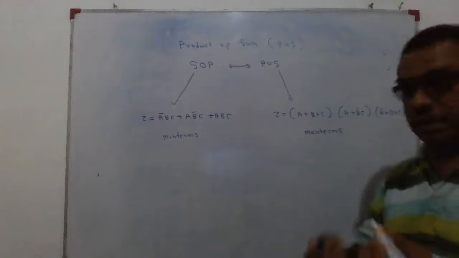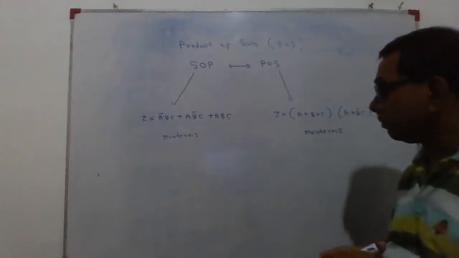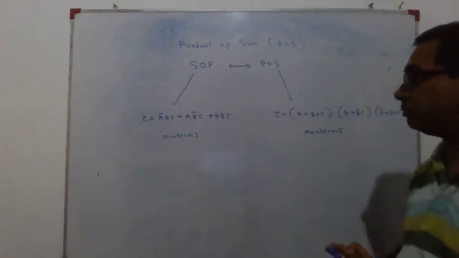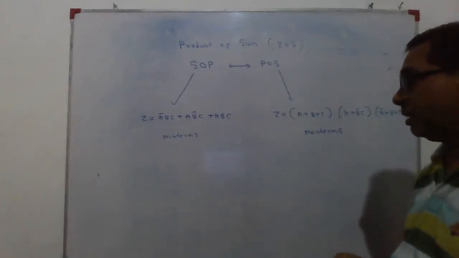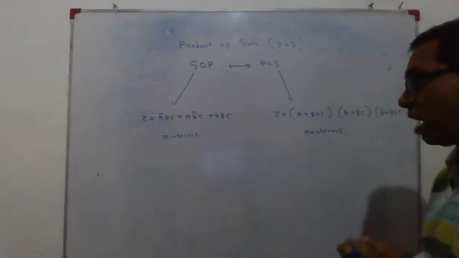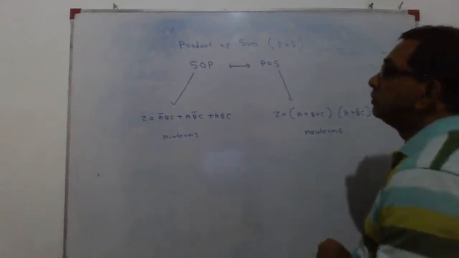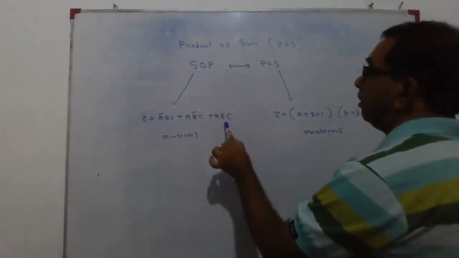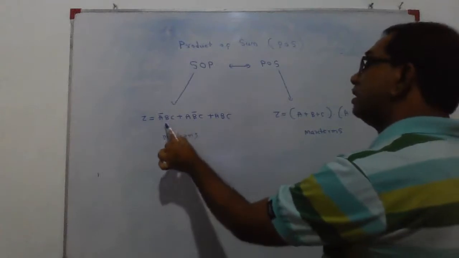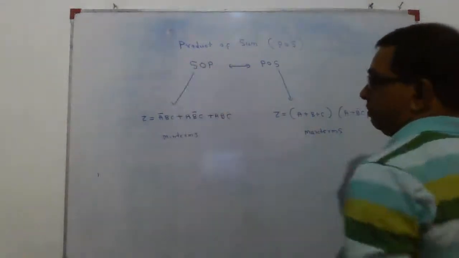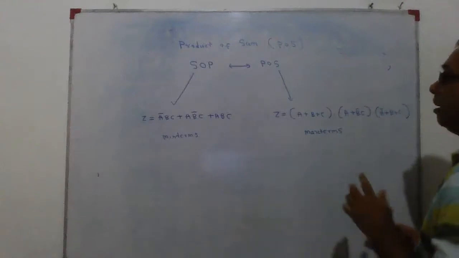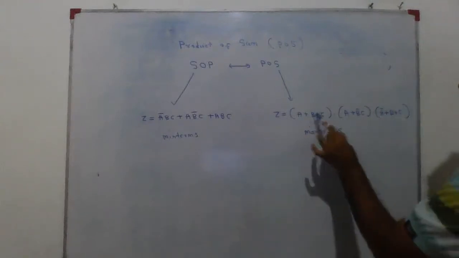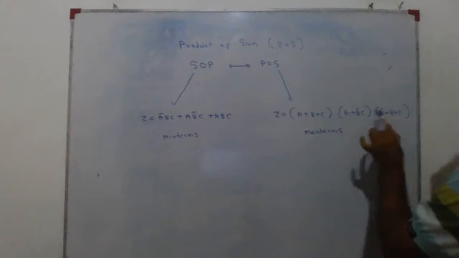Right. Basically, in a truth table, if the final outcome is 1, we get the ones using SOP statement. In a particular truth table, if the final outcome is 0 in these terms, it is 0.